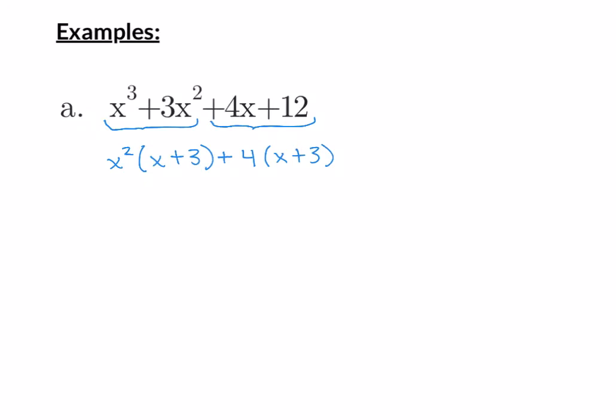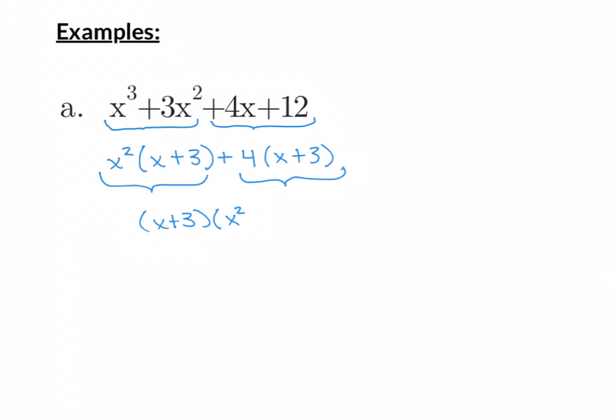Now we're back to that last example that we looked at. So again, I want to treat this as one thing, and I want to treat this as a second thing. What do they have in common? They have x plus 3. All right, first thing, if I get rid of x plus 3, what am I left with?